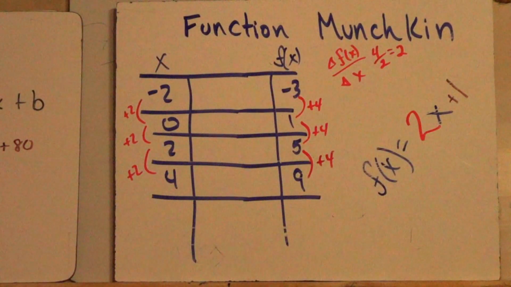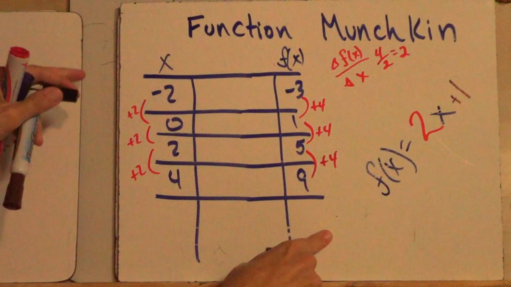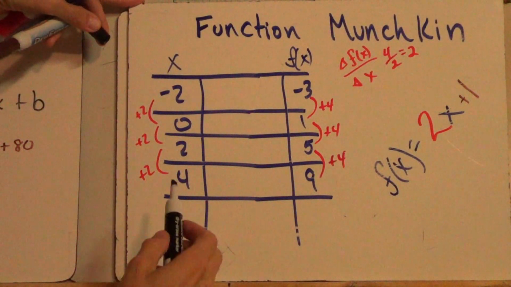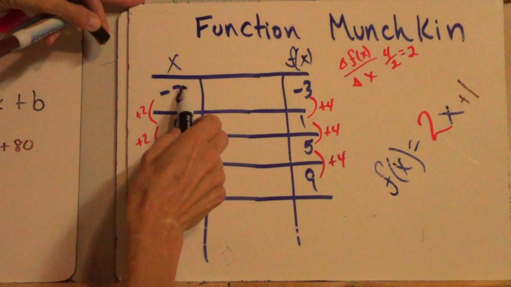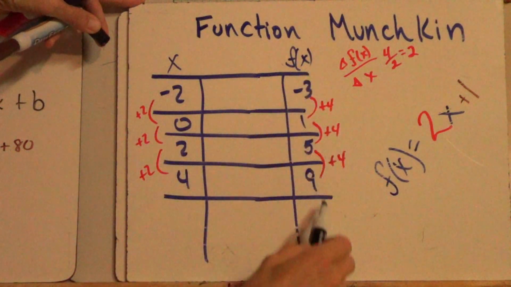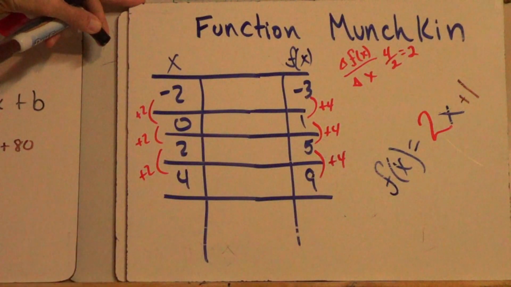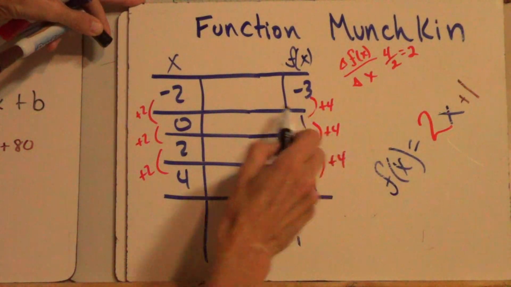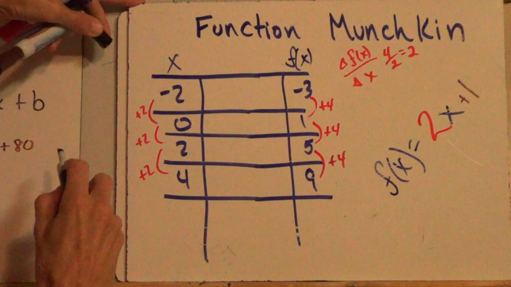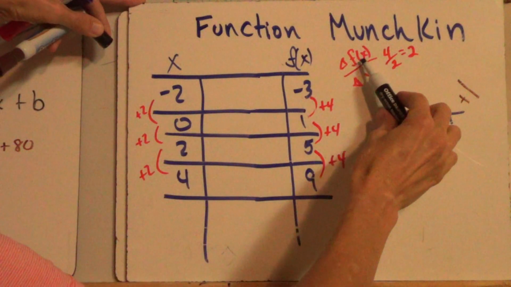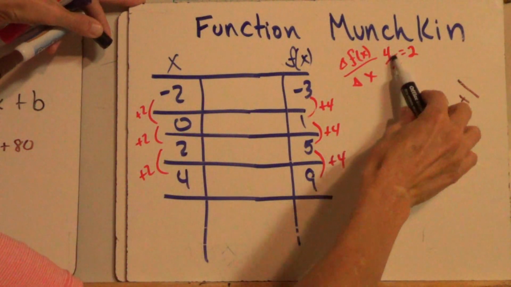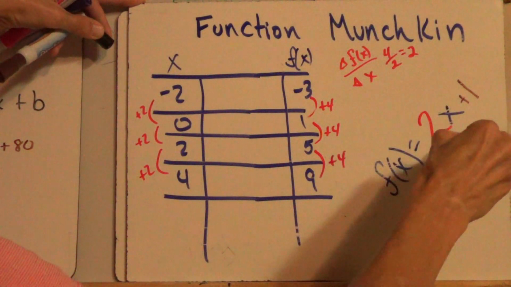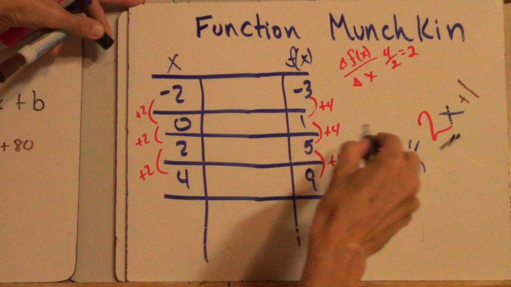In the function Munchkin game, if you haven't figured this out yet, we are getting the equation. When I have you holler out numbers, and then I give you numbers, an easy way to find the slope of the equation is to take the difference in f of x over the difference in x, put it in a fraction, reduce it, and that right there is your change from one point to another.